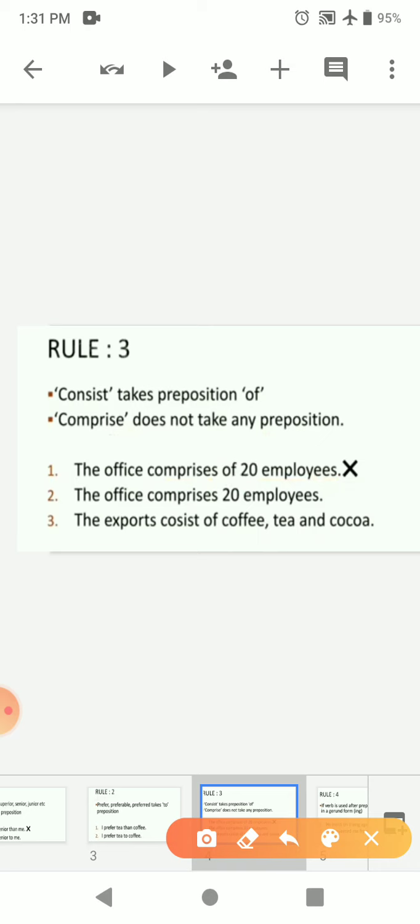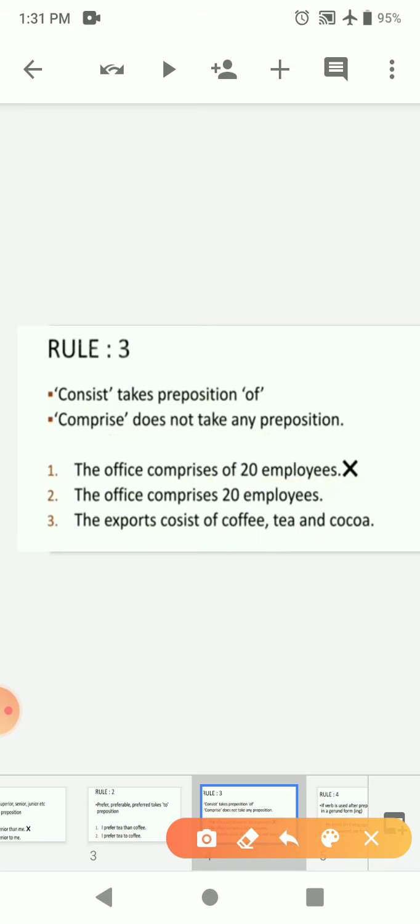Whenever we have the word comprise in a sentence, it does not take any preposition. We say "the office comprises 20 employees." Then we have the word consist. Whenever we have consist in a sentence, it takes the preposition of.